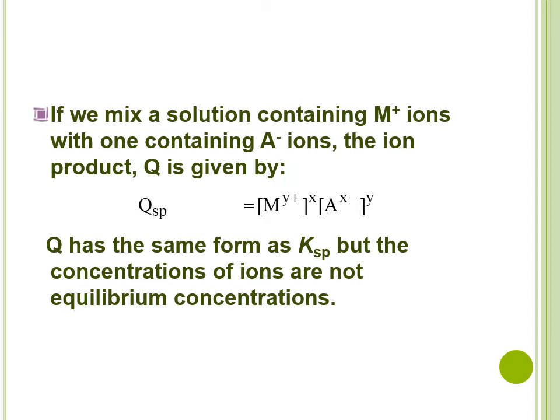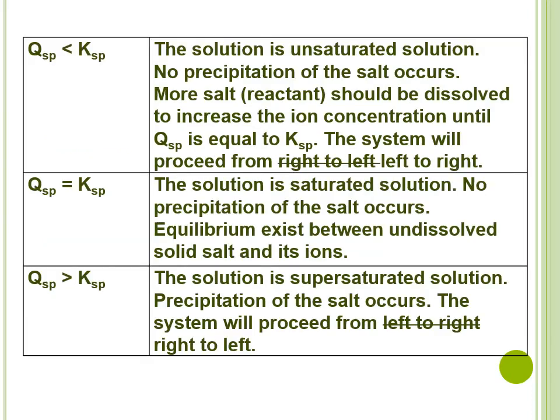QSP has the same form as KSP, but the concentrations of ions are not at equilibrium concentrations. So we are able to predict whether precipitation occurs or not. When we have calculated the QSP and it turns out that it is less than KSP, these are the conclusions. The solution is an unsaturated solution.